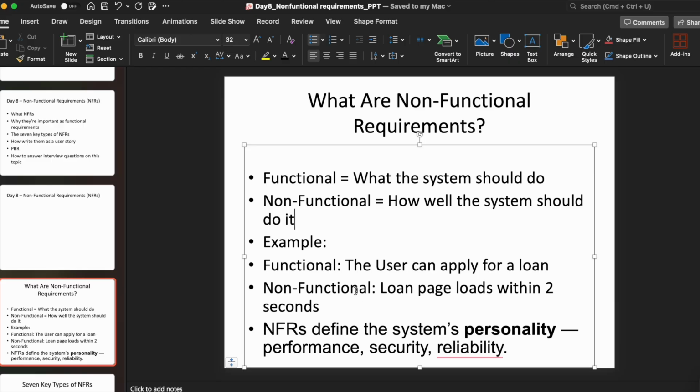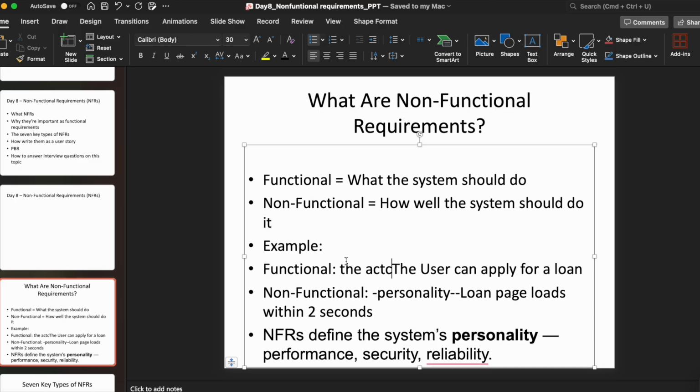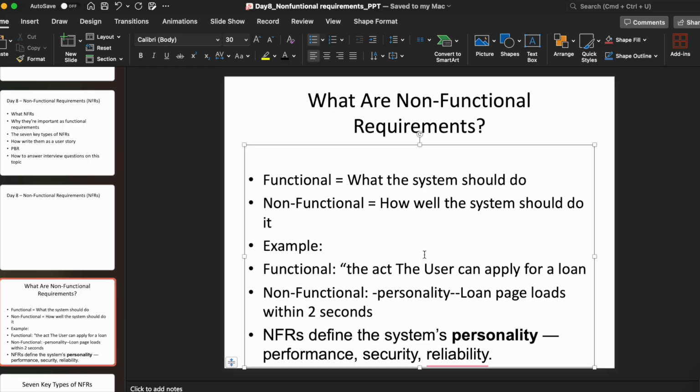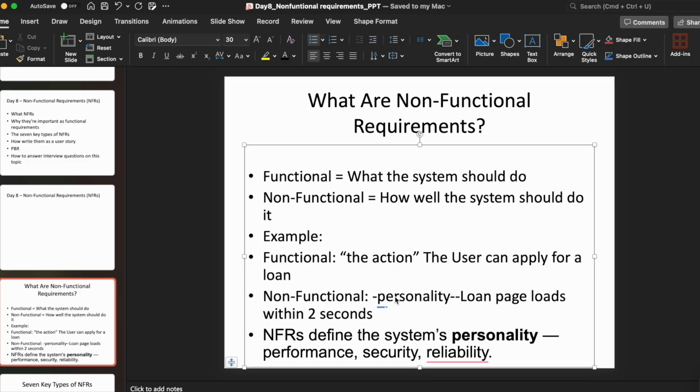So you can think of a non-functional requirement as the personality of your system, right? Let me write here. This one is the action: the system action is functionality, or functional.